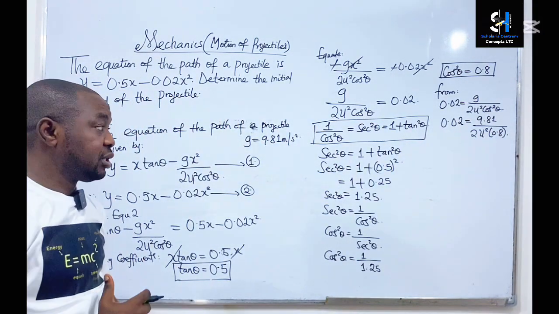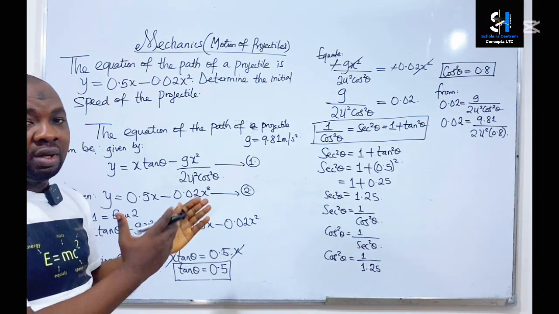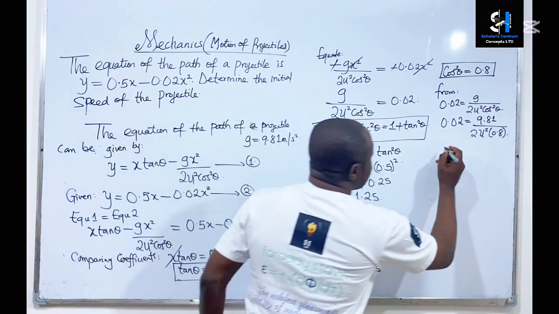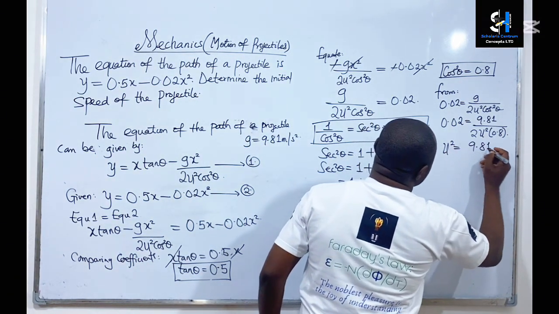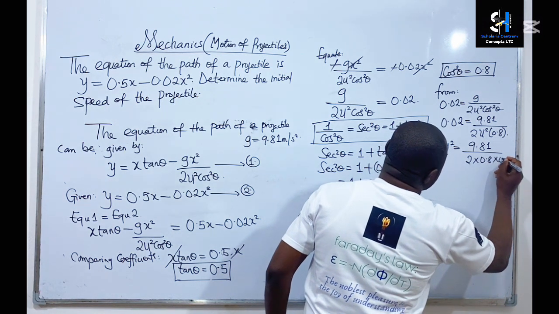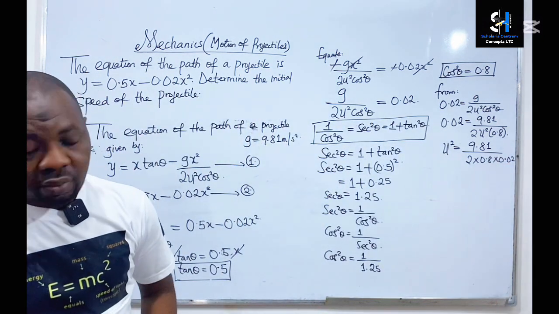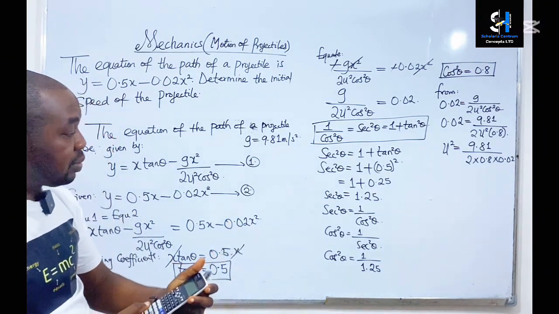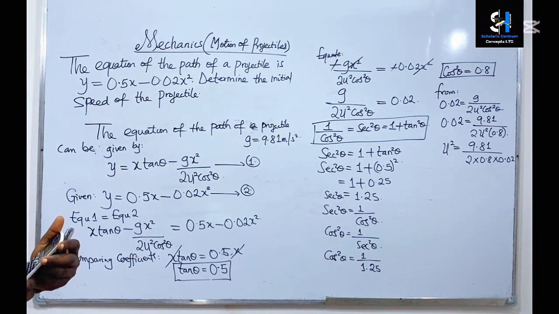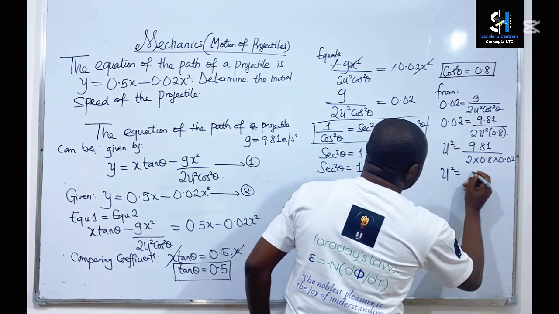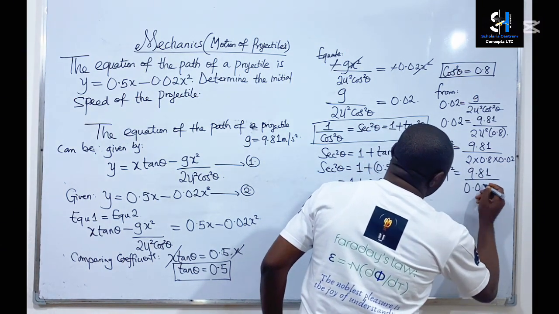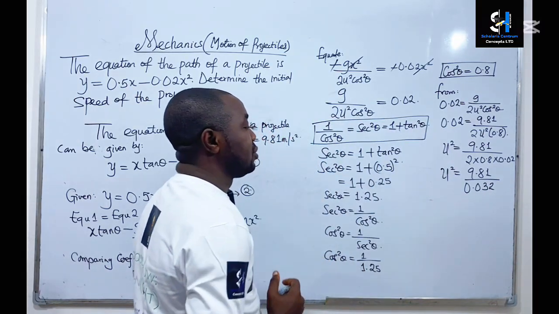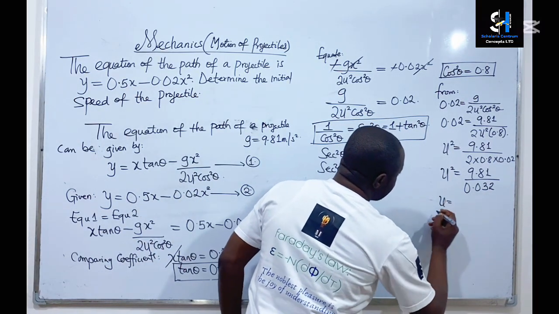Now let's make u squared the subject, so u squared equals 9.81 over 2 times 0.8 multiplied by 0.02. 2 times 0.8 times 0.02 is 0.032. So u squared equals 9.81 over 0.032.